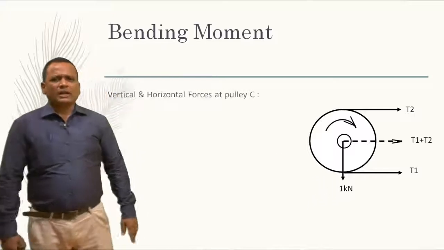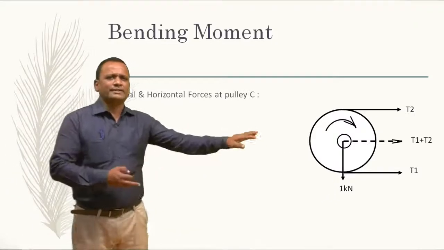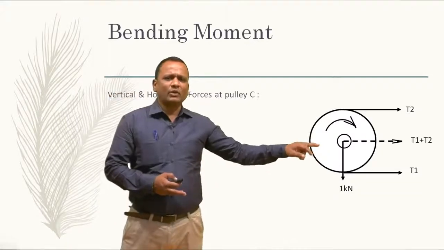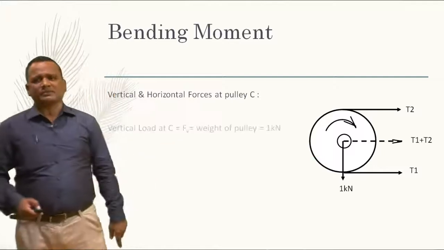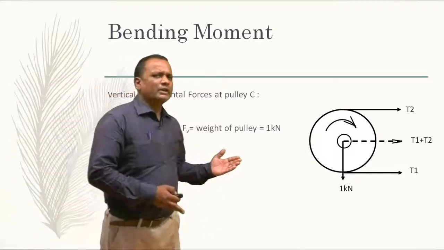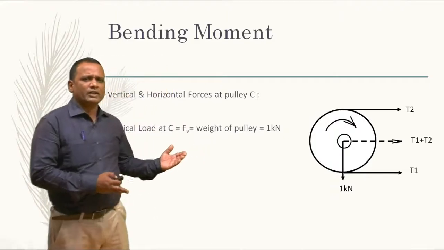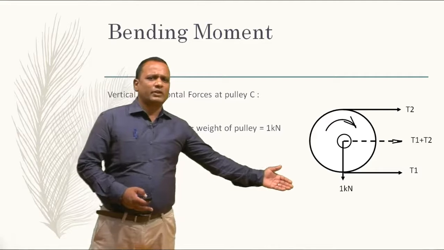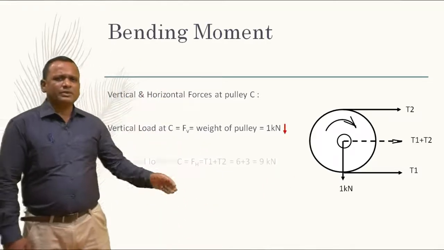Now I'm going to find out the vertical and horizontal forces at this pulley C. Why do I call this pulley C? Because I mounted it at point C, if you remember the initial solution part of this video. The vertical load at C, I call it Fv, as you can see here, is the weight of the pulley, which is 1 kilonewton, as given here, and the direction is downwards.